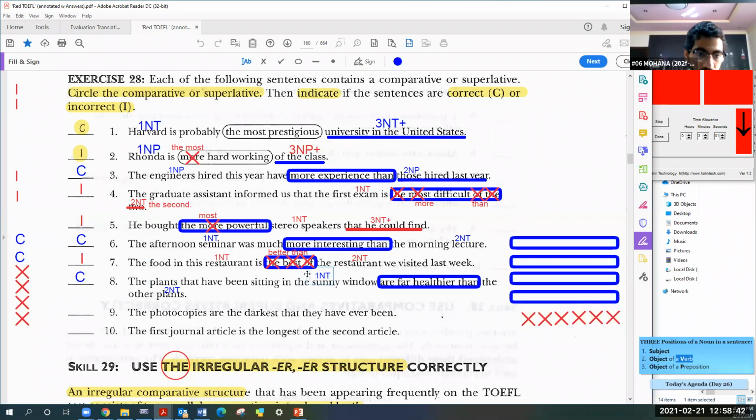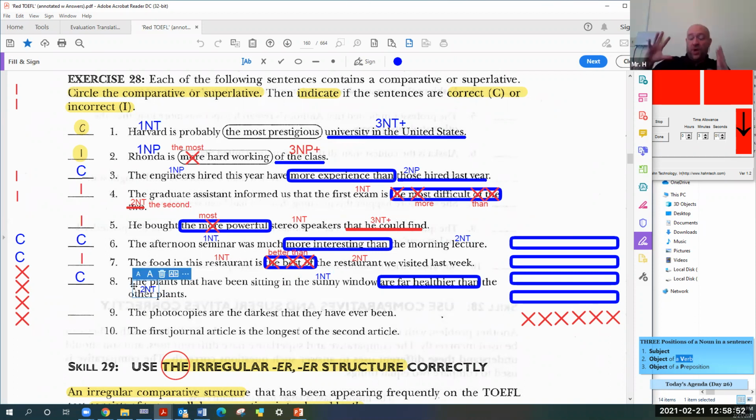Group 1 in the sunny window. Okay. And group 2 is all the other plants. So you have 2 groups. You have one group in the window and the others are not in the window. That's 2 groups. That was a tricky one, huh?